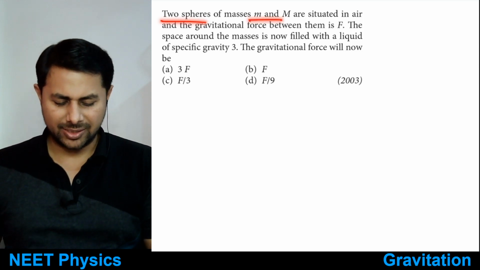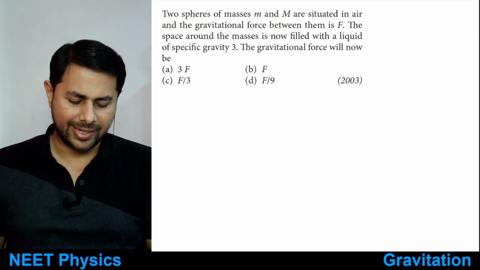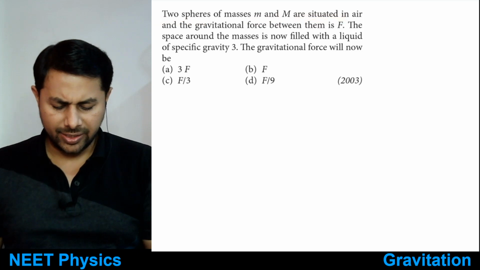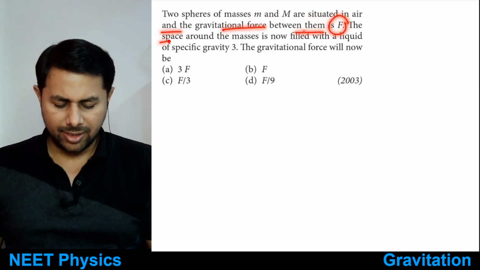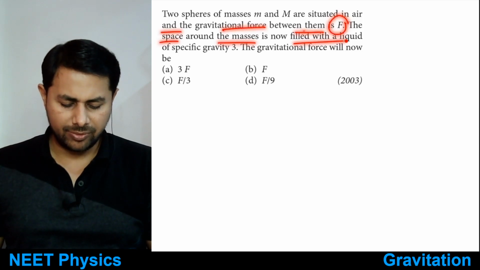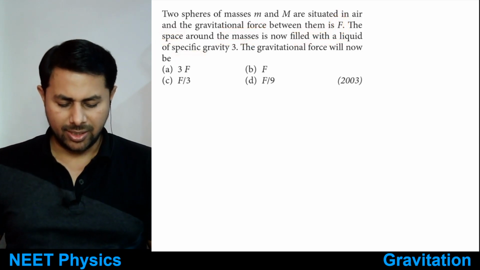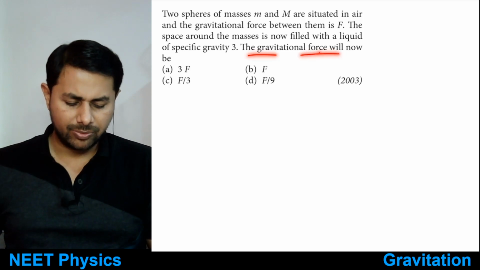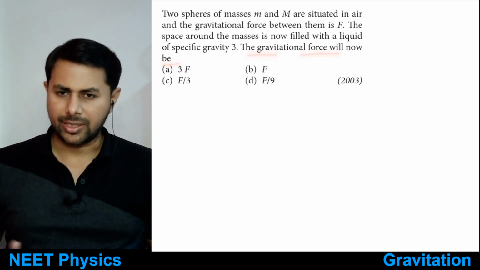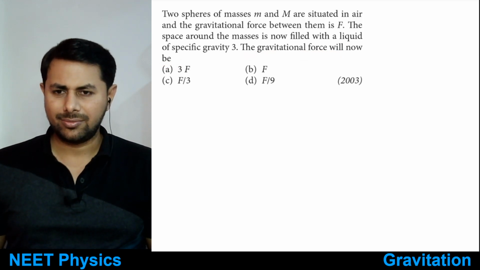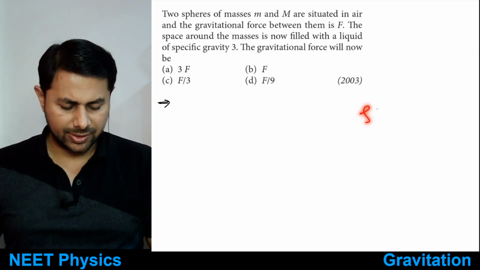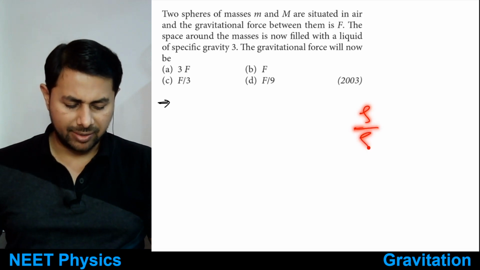All right, so let us see some problems based upon Newton's law. Two spheres of masses small m and capital M are situated in air and the gravitational force between them is F. The space around the masses is now filled with a liquid of specific gravity 3. The gravitational force will now be? Let me tell you what specific gravity is. Specific gravity is just the density of anything divided by the density of water.